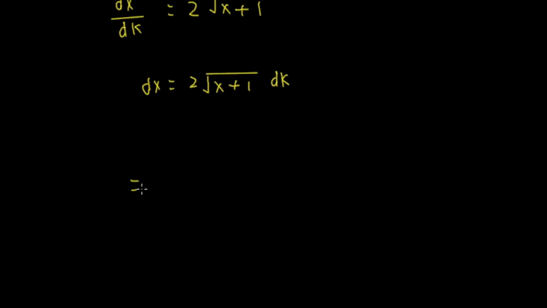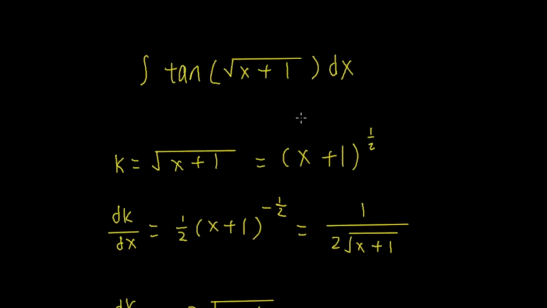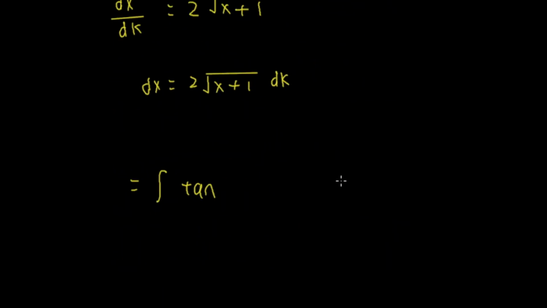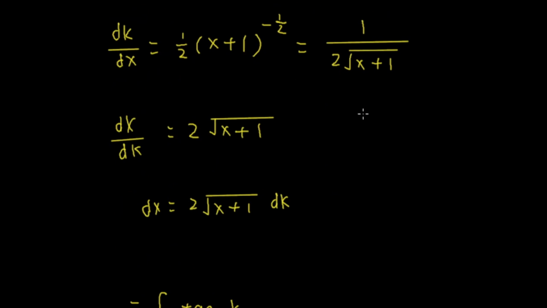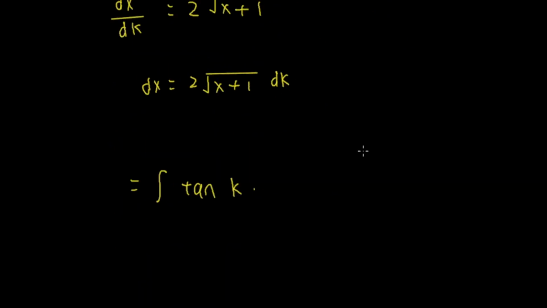And that will become the integral of 10, now square root of x plus 1 is k now, times, now dx here is this, so times 2 times square root of x plus 1 dk. And we cannot have x here anymore because we're writing everything in terms of k.